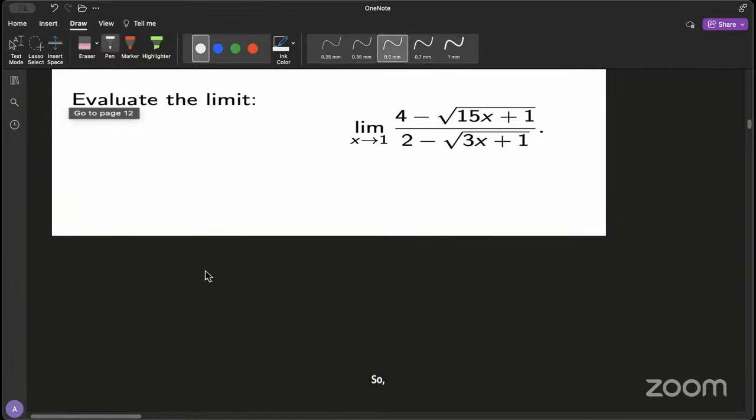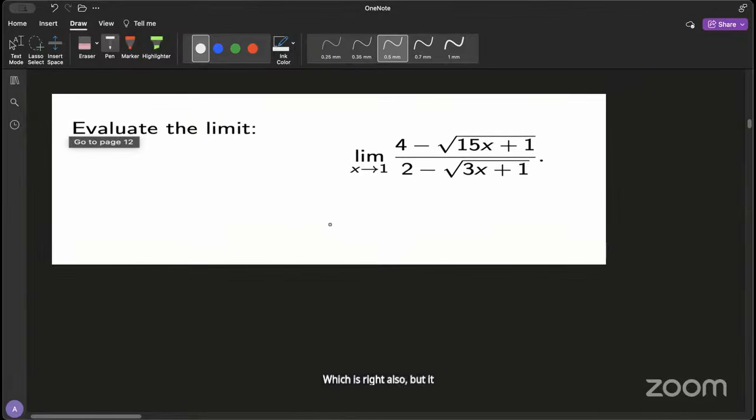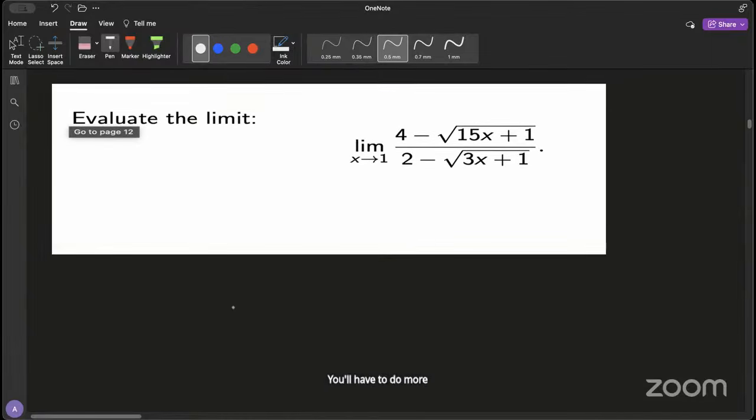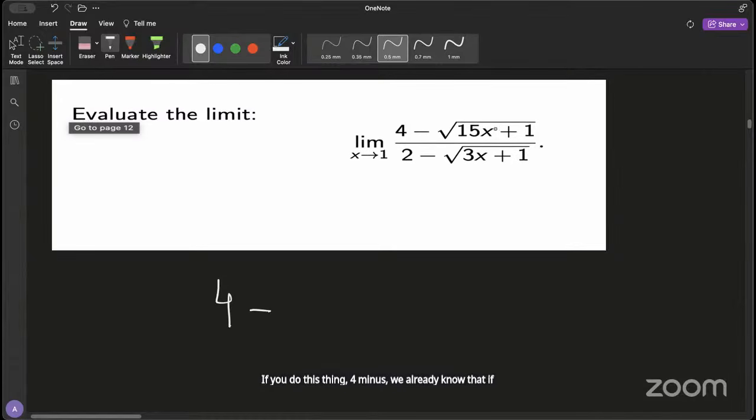For this one, someone suggested something which is right, but only partially correct. You'll have to do more than that. If I put 1 here, I'll have 15 plus 1, which is 16, and the square root is 4. So this will be 0, and the denominator will also be 0. So this is 0 by 0 form. First thing is to notice that it's an indeterminate form.